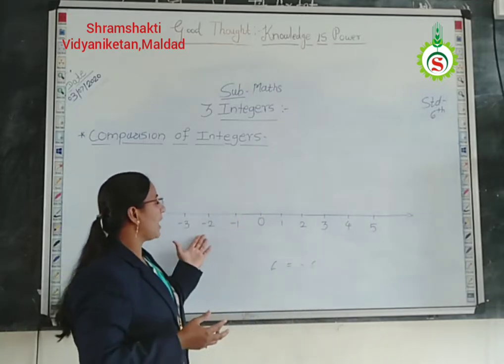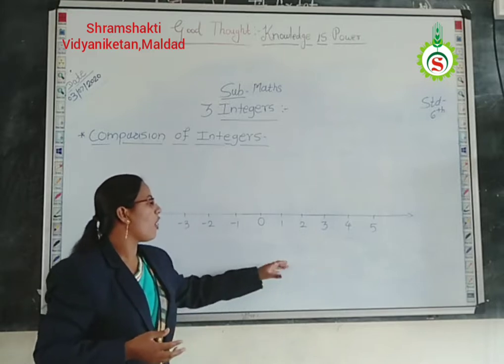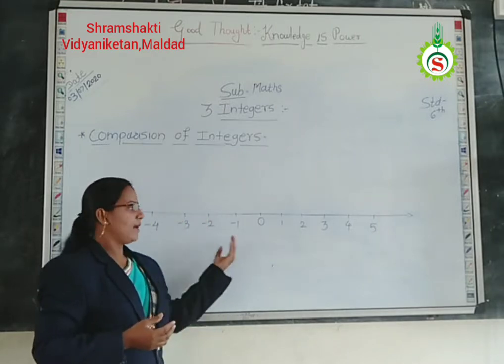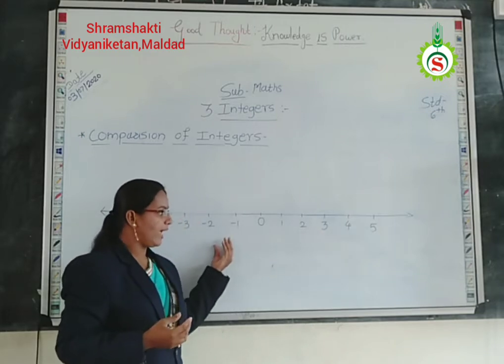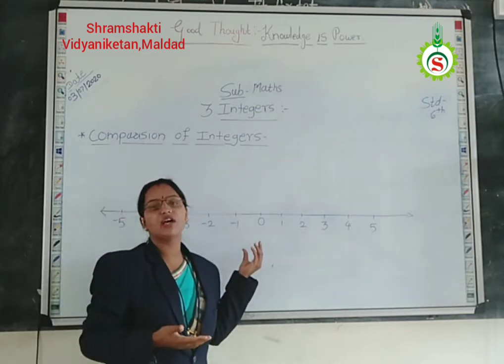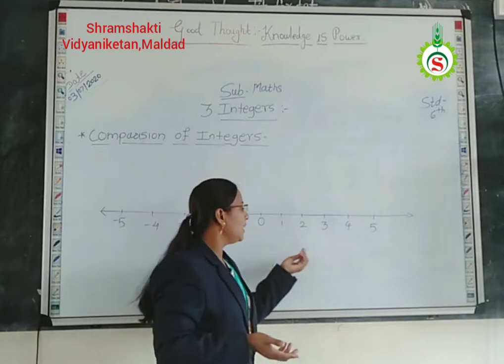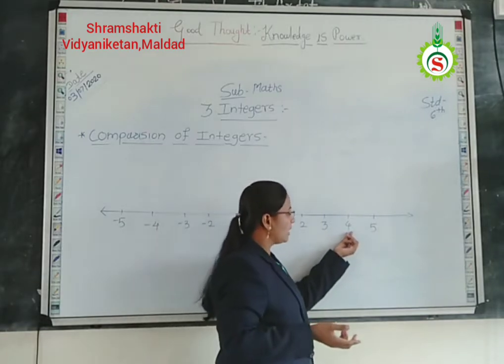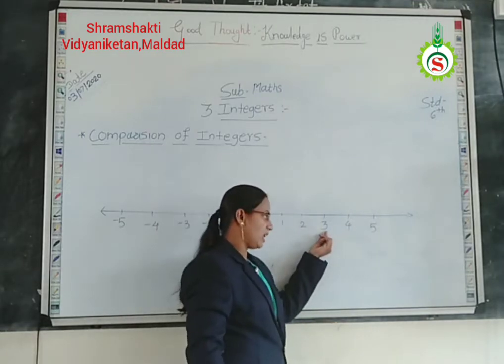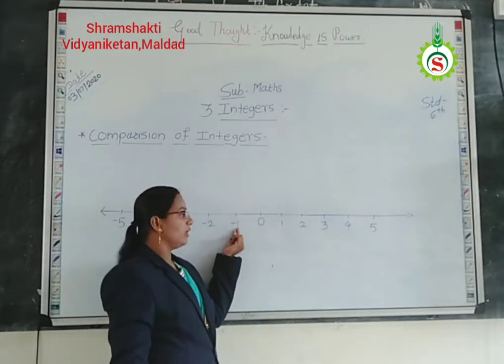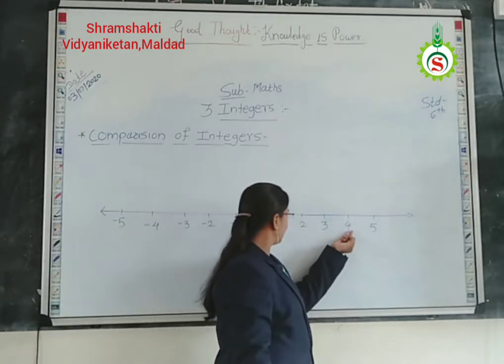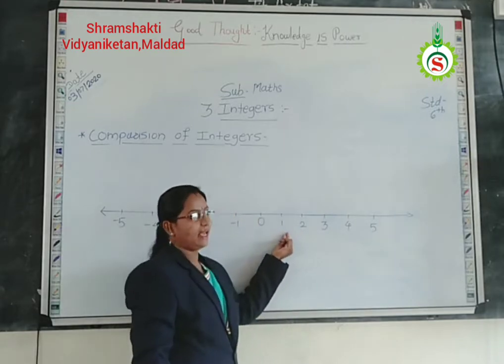On this number line, as we go from right to left, the value of integer goes on decreasing. Means minus 4 is always greater than 3.